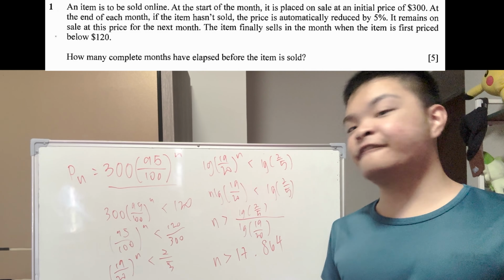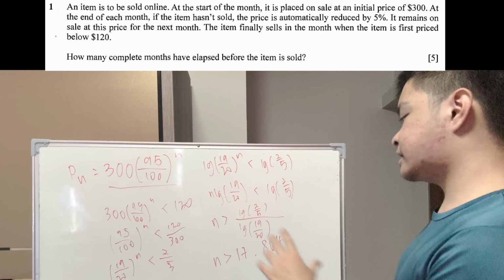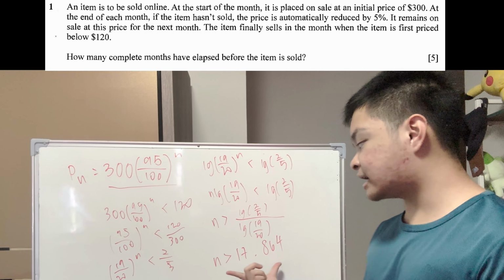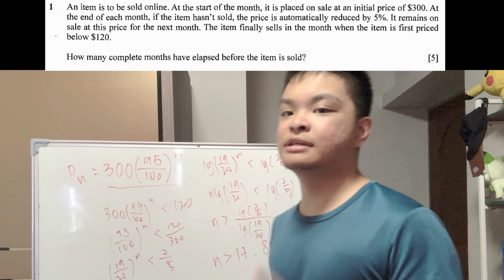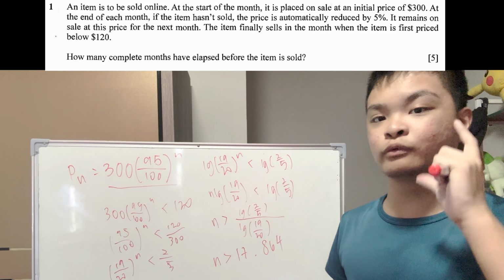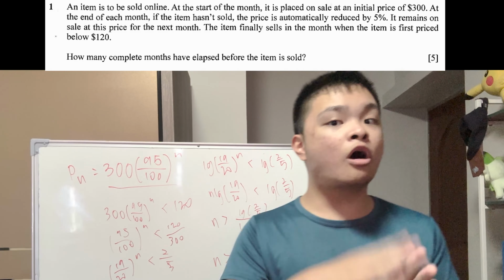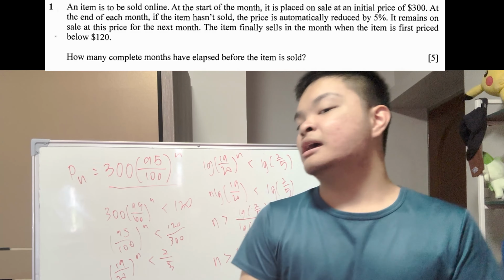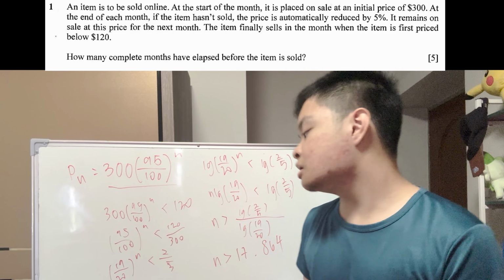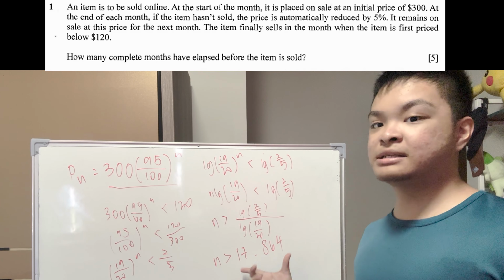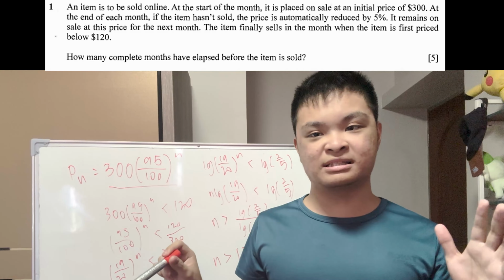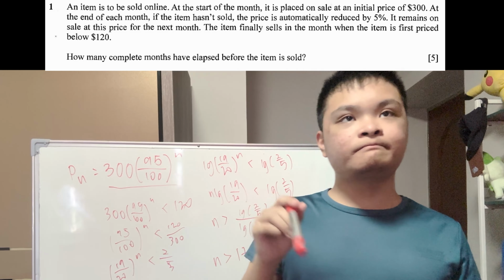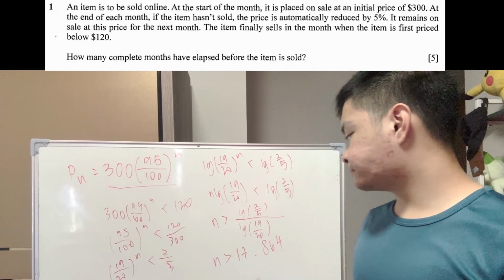That's what I put. In fact, I got this question wrong because I misread the question, so I ended up getting this. I'm like, oh, n is 17, done. But this is why you need to be very careful with reading the question. How many complete months have passed? If you put your answer as 17, no. This is more than 17. So by the time 17 months have passed, it will be at the 17th month.